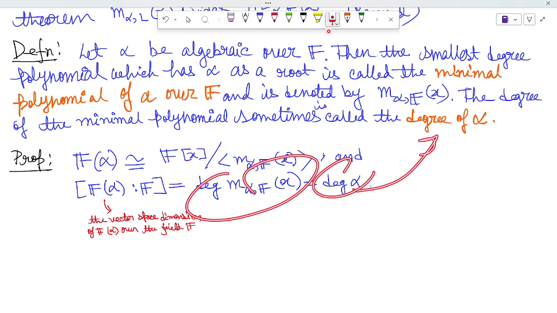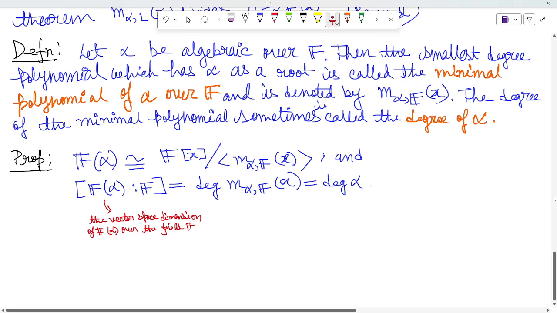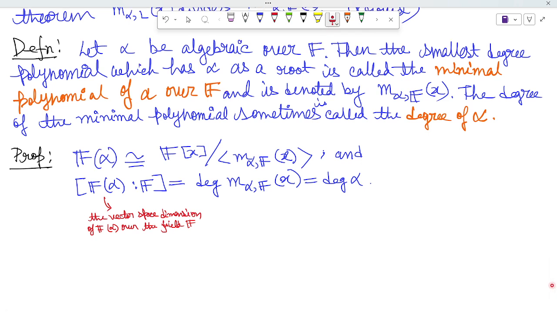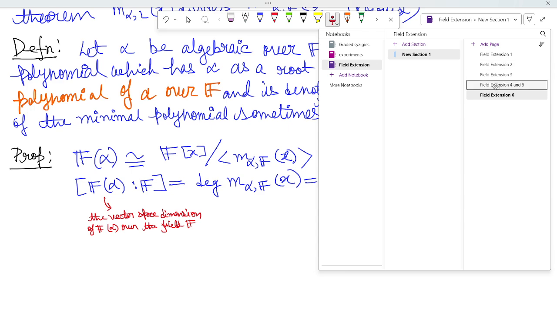This thing and this thing are the same by this theorem. So we need to prove that. But there is nothing to prove because we already showed that in the previous lectures.